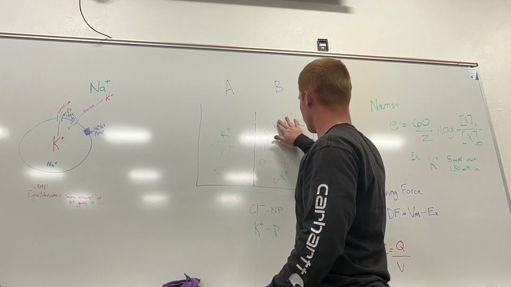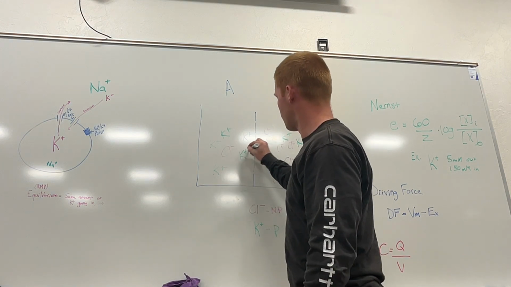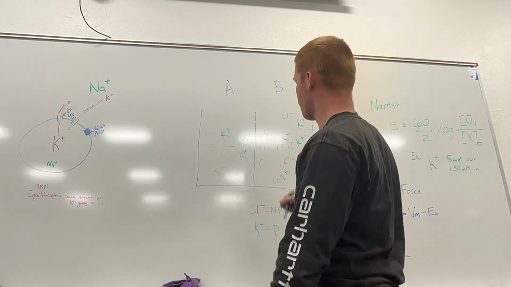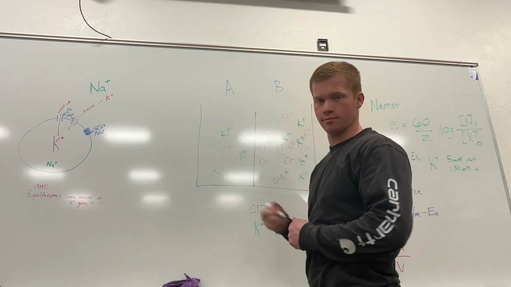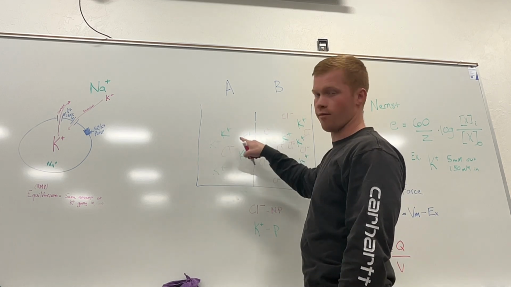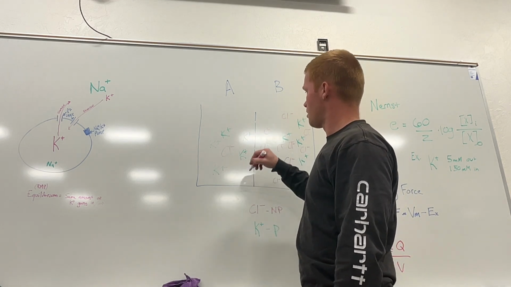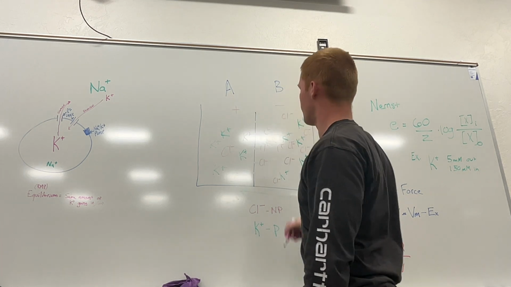And as these move over, this is going to increase in negativity. And over here, side A is going to increase in positivity. We have a bunch of positively charged potassiums. So positive, negative.